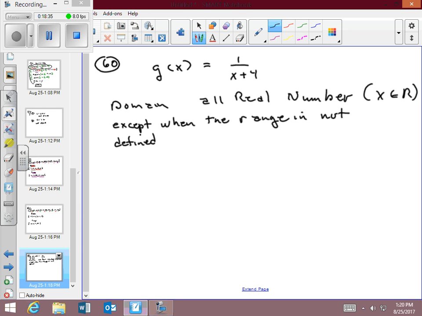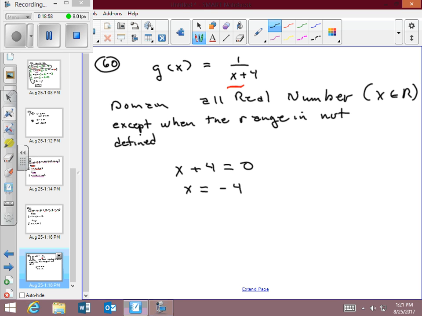Now, what you do is, you see there's a variable right here in the denominator. So what you want to check is what value of x would make that denominator 0. And that value is minus 4.